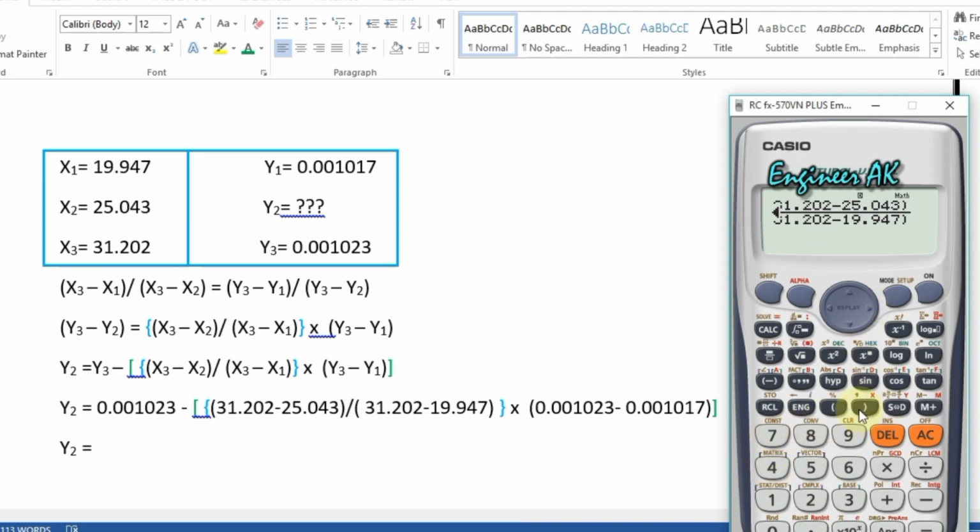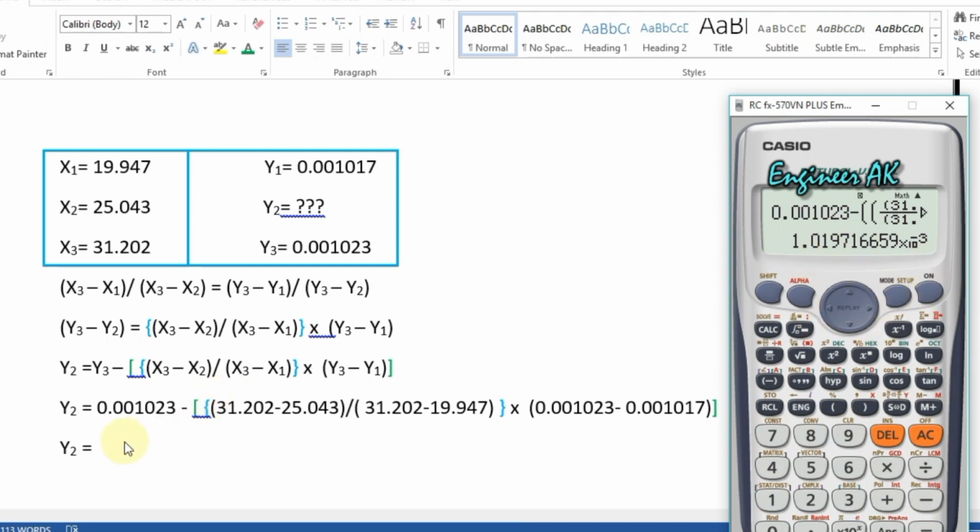And then you have to close the bracket, multiply by 0.001023 minus 0.001017, two brackets. Let's see.